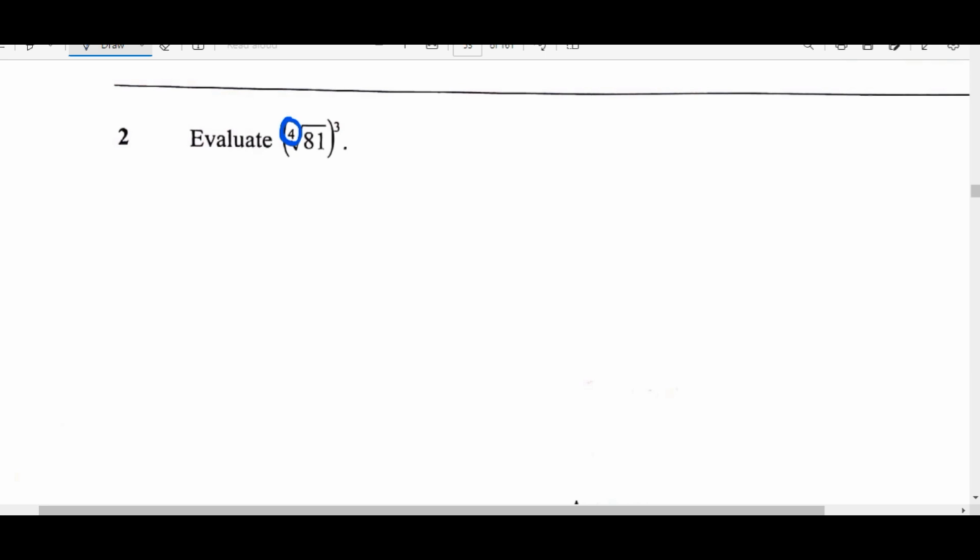Obviously here it is very simple, it is 3. So 3 times 3 times 3 times 3. So meaning that when you multiply 3 times 3 times 3 times 3, it will give us 81.